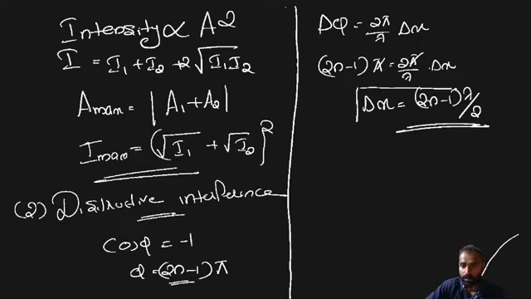Remember these two formulas of path difference and phase difference. This is the condition for the phase difference necessary for destructive interference of waves.